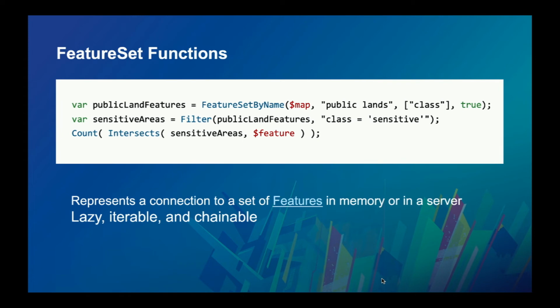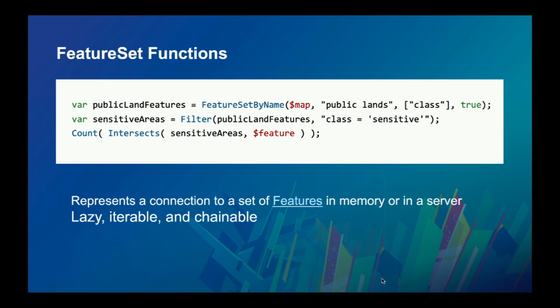So here's an example. Let's say you have a layer that represents some kind of project area, and you want to know all of the sensitive areas that are near this project area. You can refer to that layer using feature set functions. For example, feature set by name, and this $map global represents a collection of all the layers in your map.